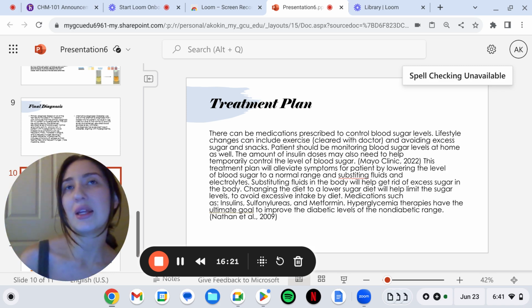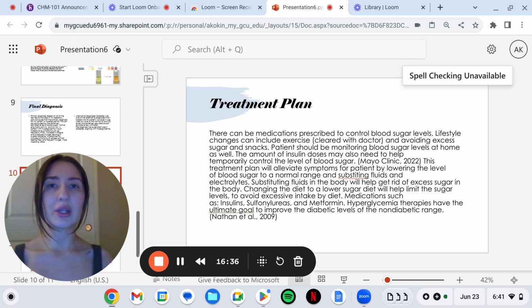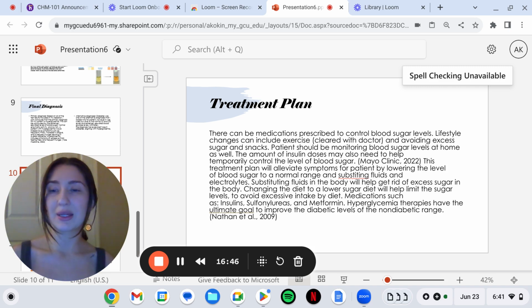This could be anywhere from focusing more on a low sugar diet and less snacking and more nutrient rich meals, and also including some exercise so that we can keep our sugar levels balanced and controlled in the aspects that we're able to control at home in our lifestyle.